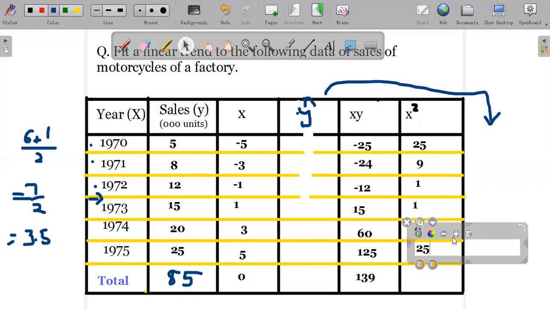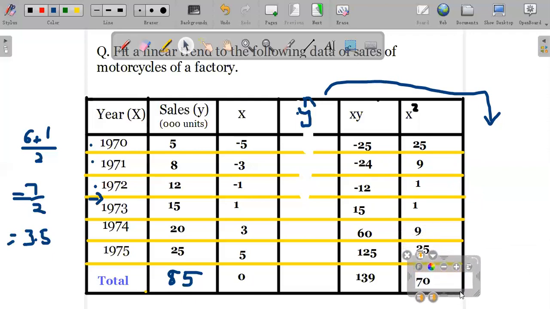So we add up these values and find 170. So we have summation x, this is summation x.